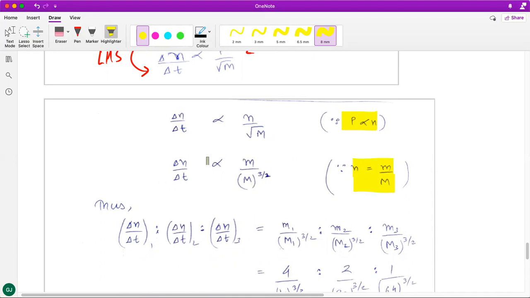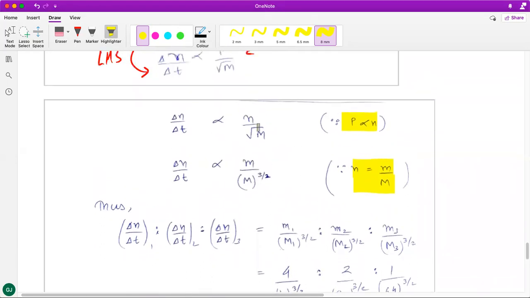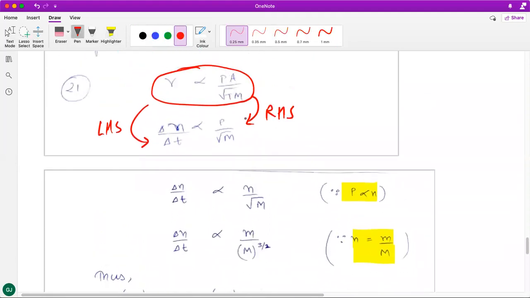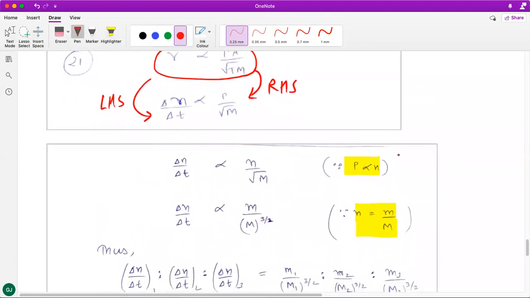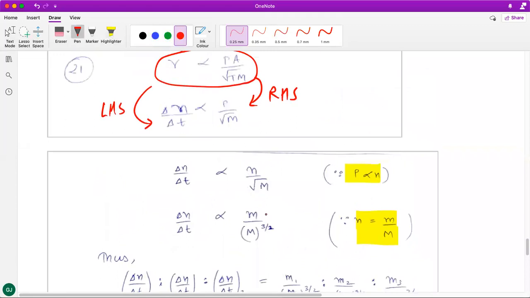So I got the dependency of rate in terms of mass and molecular weight, right? Why did I do this? Why did I go from pressure to moles to mass? Because the data given in the question is of mass. If you read the question data, they have given that the weight ratio of the gases is given to you. So somehow I have to get the information in terms of the data that is given in the question.